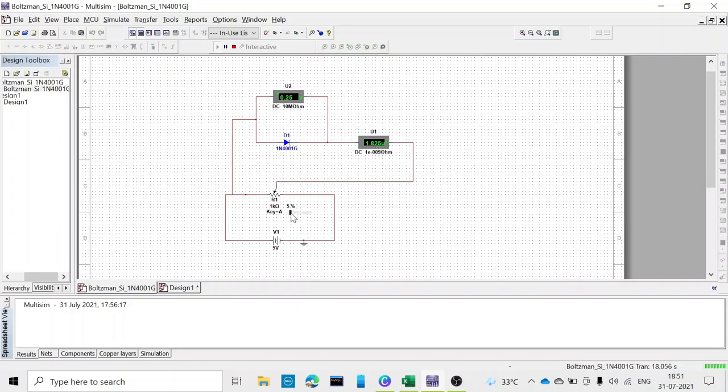So you have to slowly increase the percentage of the voltage supply and note down these values. This is all about the Multisim setup.